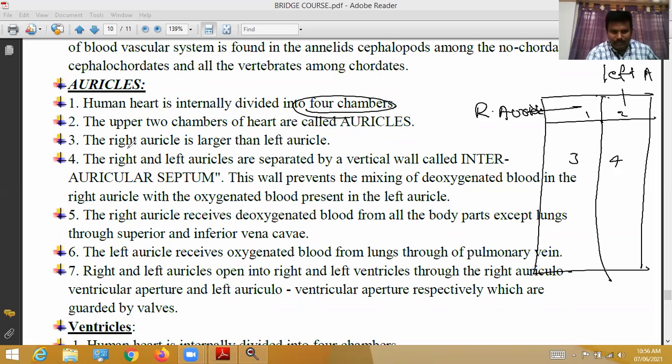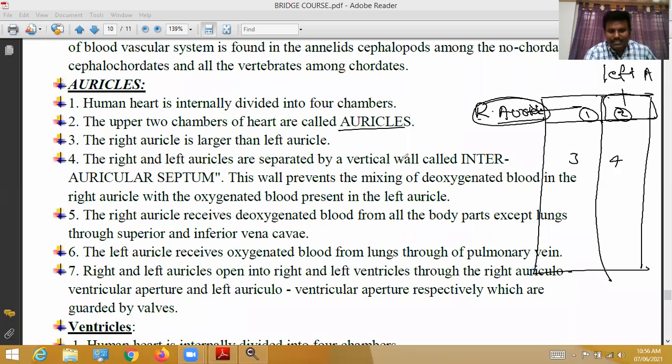The upper two chambers are called auricles. The right auricle is larger than the left auricle.